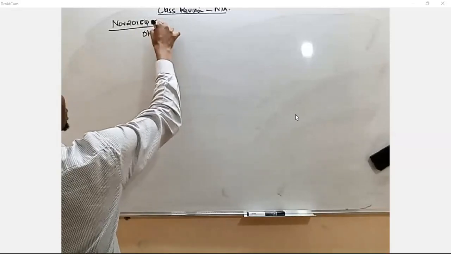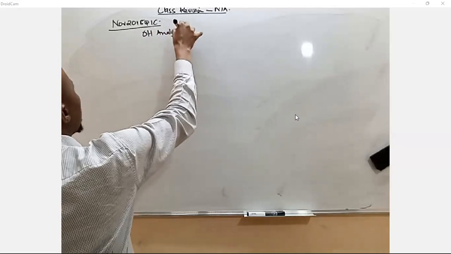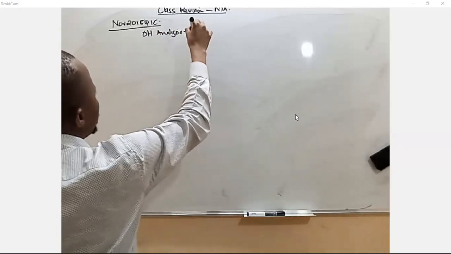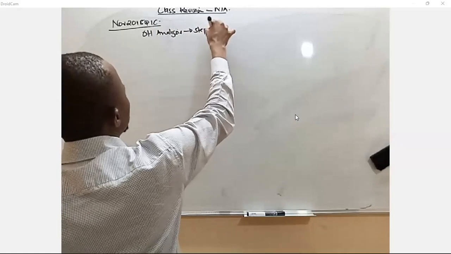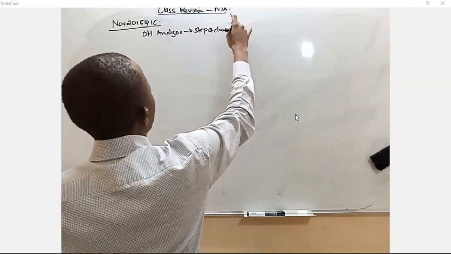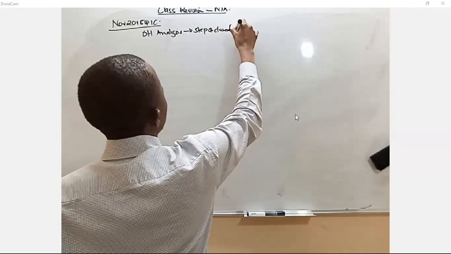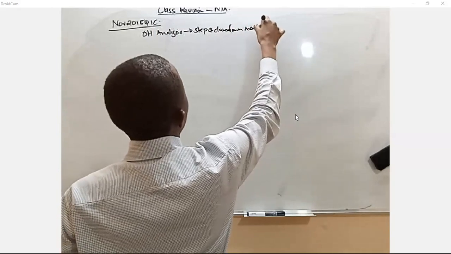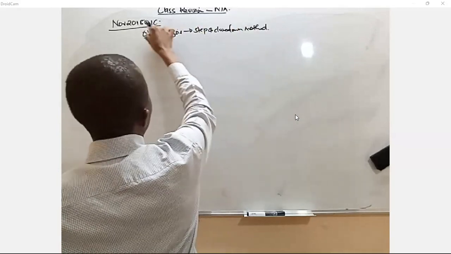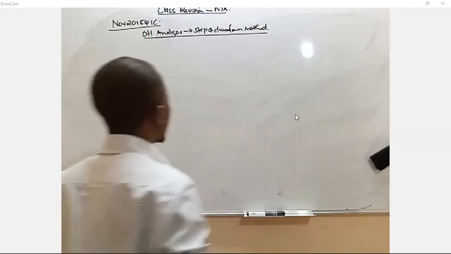So under the overhead analysis, allow me just to use the step and close down method.